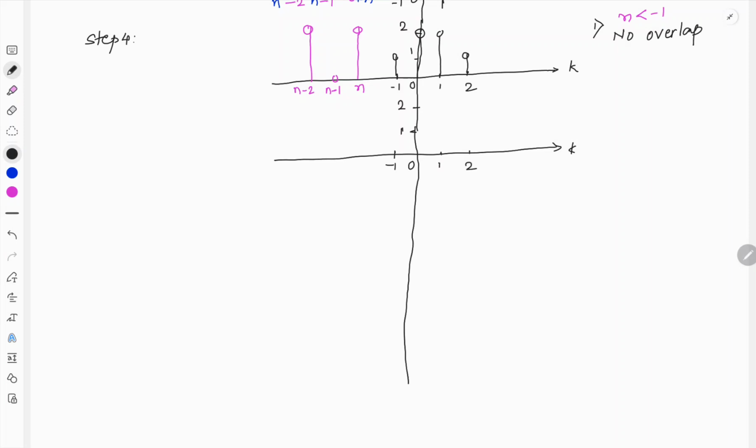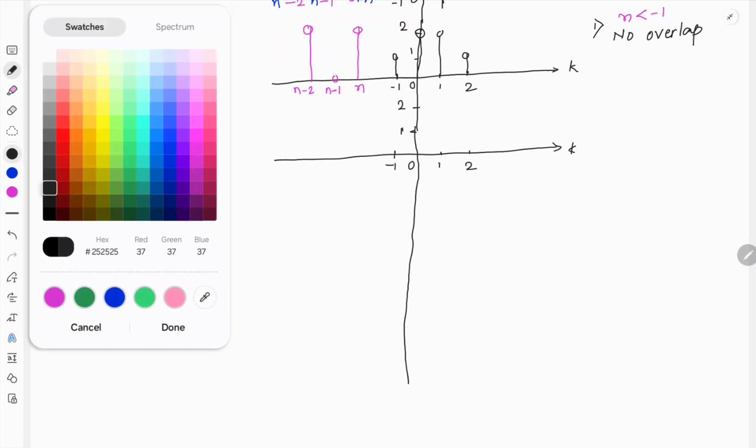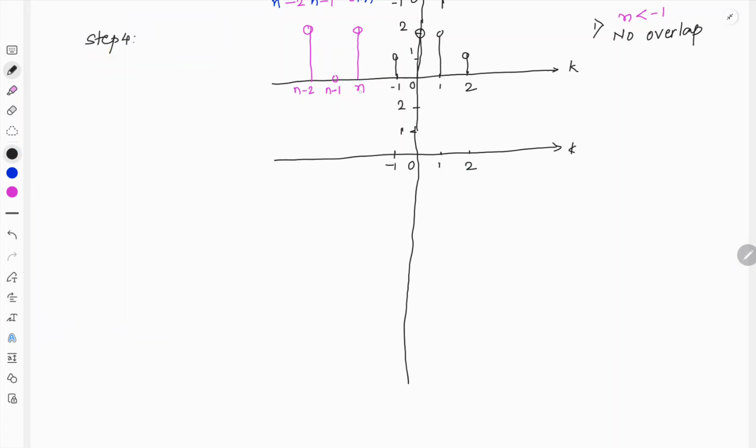So we have seen in the initial condition that if we have this signal x of n and the value of n is less than minus 1, there is no overlap. So in the next condition we will assume that n becomes equal to minus 1.